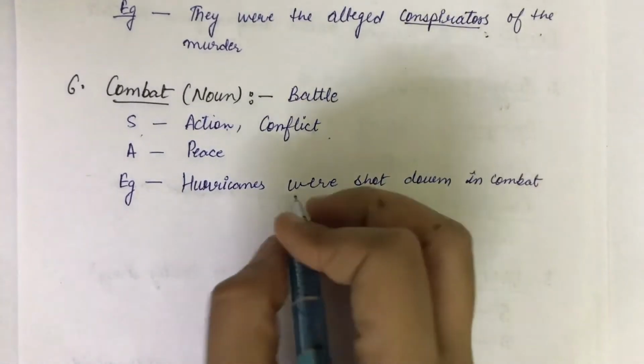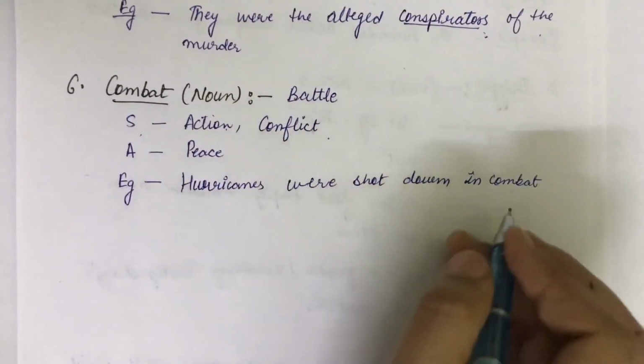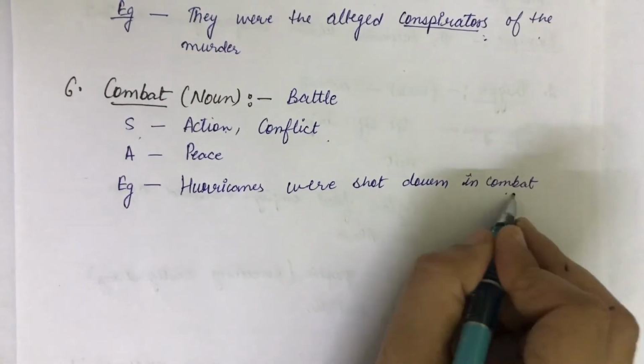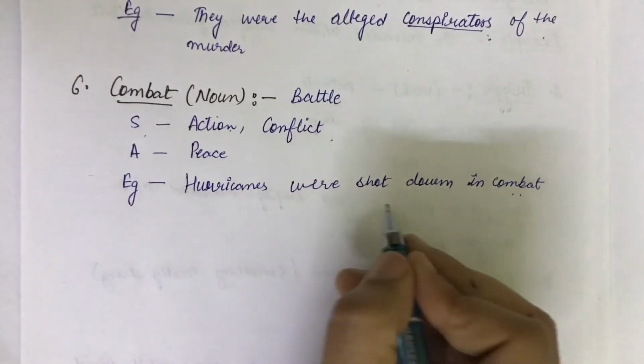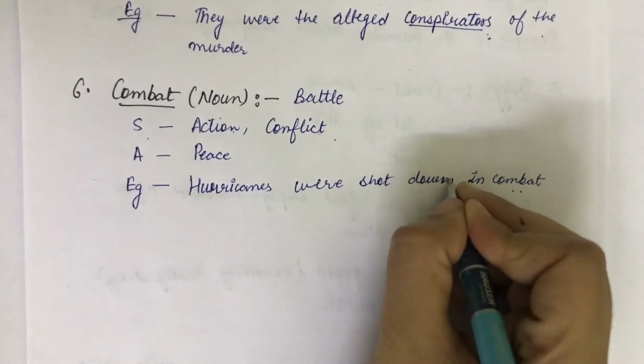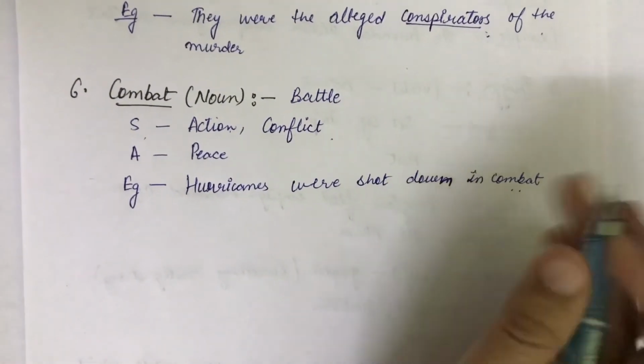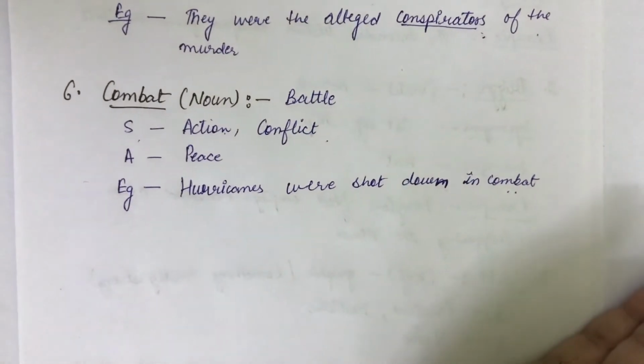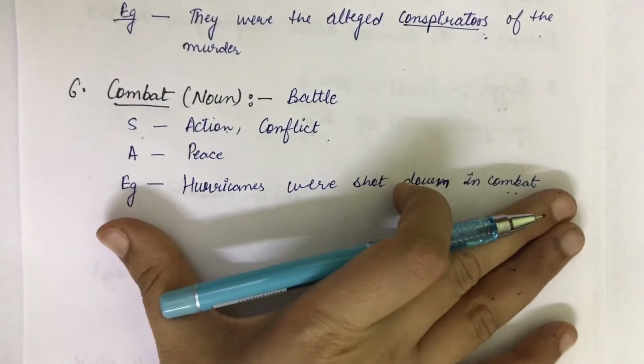This is the way of using the word combat. Hurricanes were shot down means hurricanes were dealt with by fighting, so we fought against the hurricanes. This is the main meaning of this sentence.